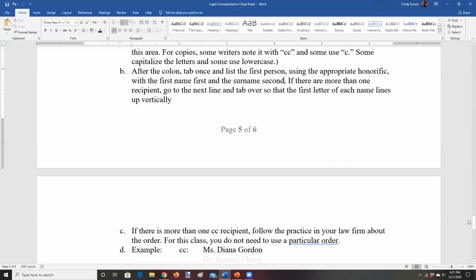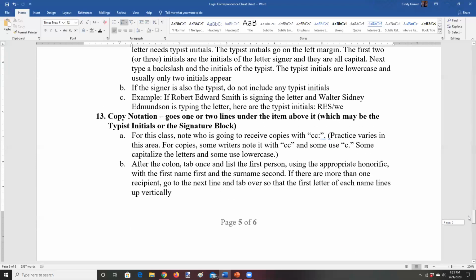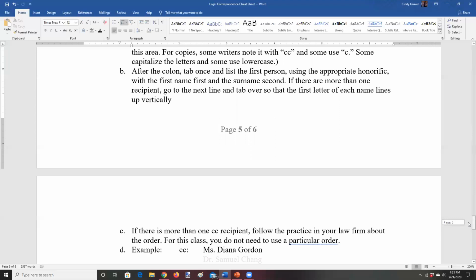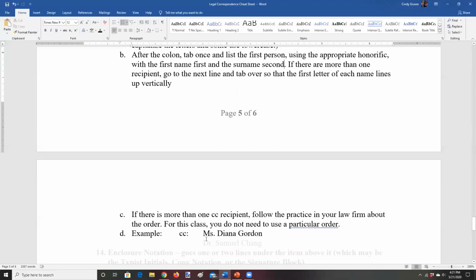That's the formatting if there's just a single CC. But let's say that I have more than one CC, and it's pretty routine that you will. On my second line, I'm not going to put Dr. Chang's information on the same line as Ms. Diana Gordon. I'm going to go to another line. This may entail me tabbing twice.